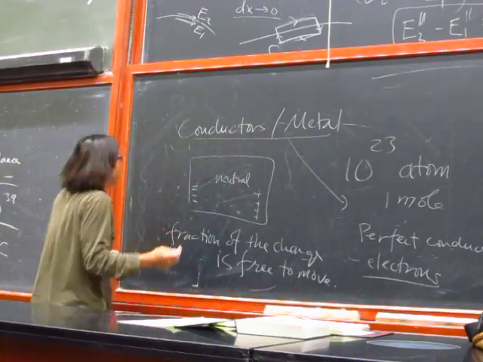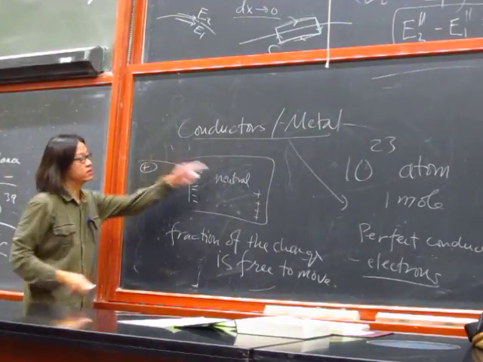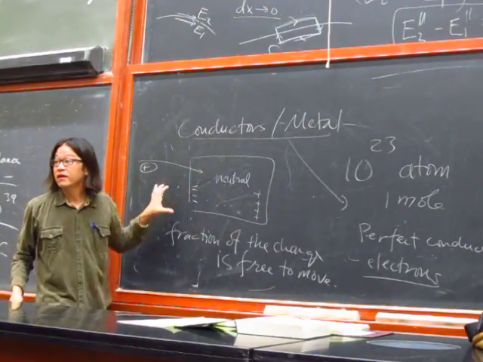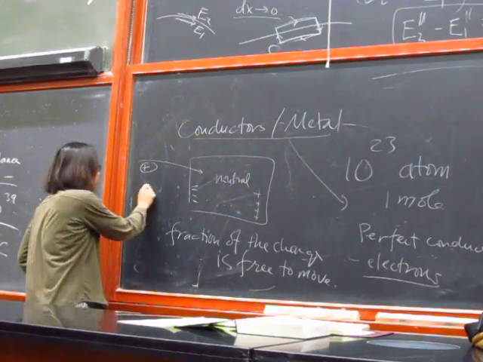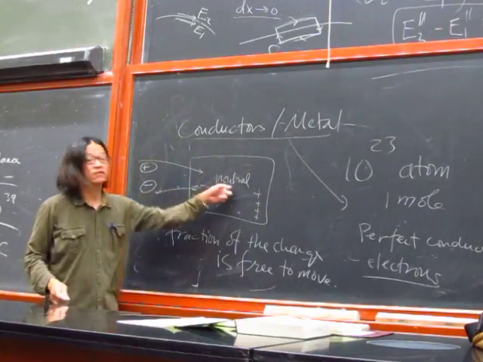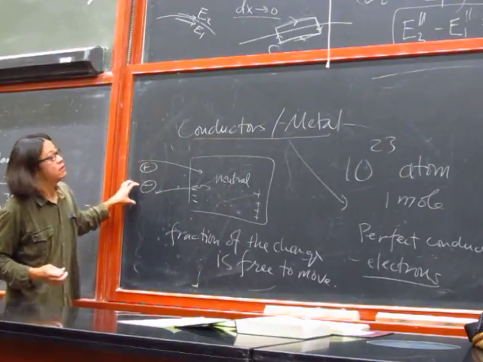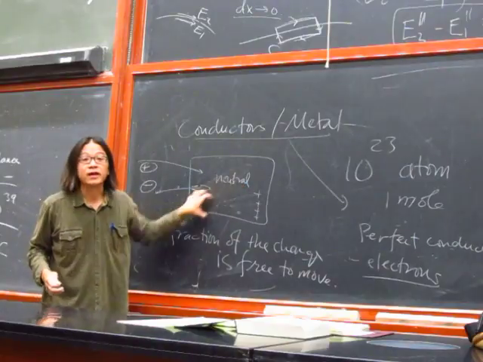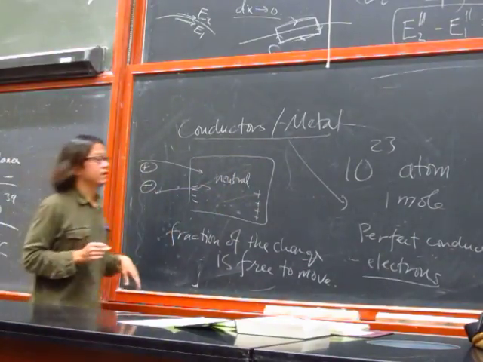And it's also possible, if I want, to inject charges. I can add charges into the metal, and they will also move around freely. Mostly, of course, you have to move electrons, you cannot move positive charges. I can move electrons into the metal, and they will move freely inside. Okay?